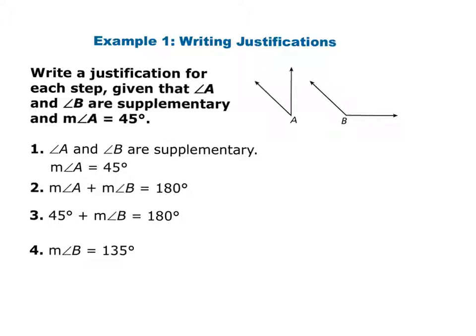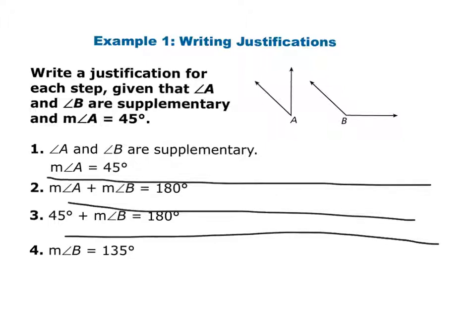So write a justification for each step. Given that angle A and angle B are supplementary and the measure of angle A is equal to 45 degrees. So we need a justification for each step. So we have 4 steps here, and we are going to need 4 justifications. So let's look at step 1.